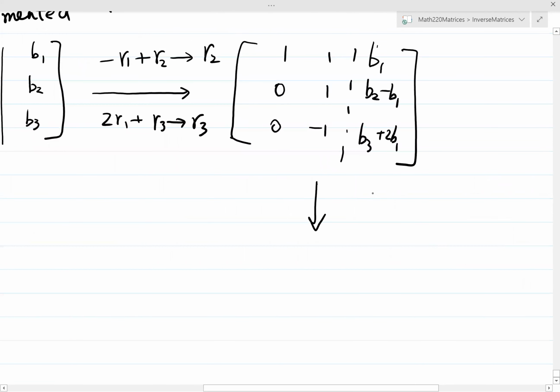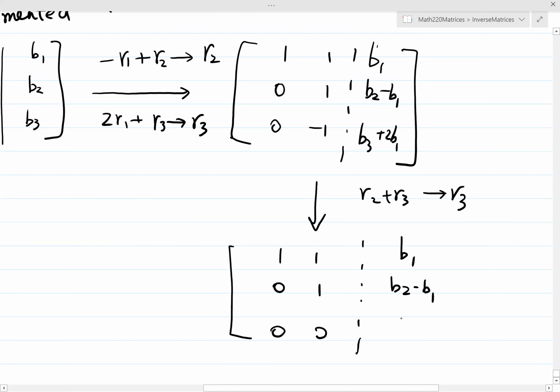Now you let R2 plus R3 replace row 3. So we finally get 1, 1, b1. We get a 0, 1, b2 minus b1. 0, 0, b3 plus b2 plus b1.